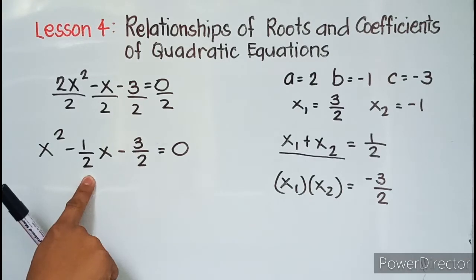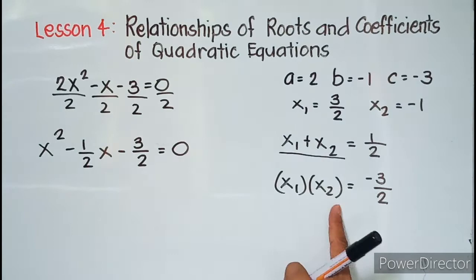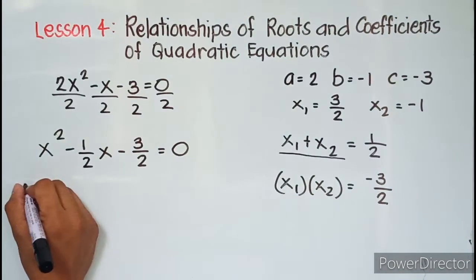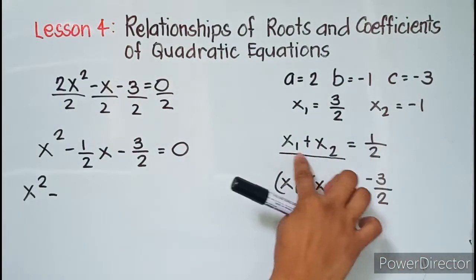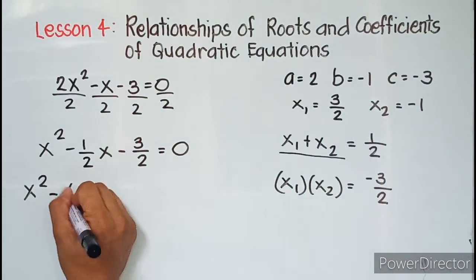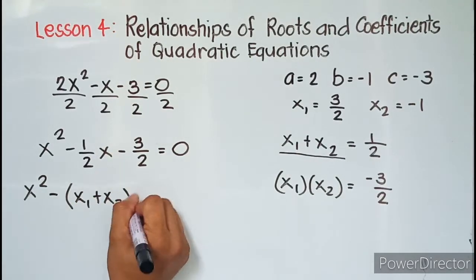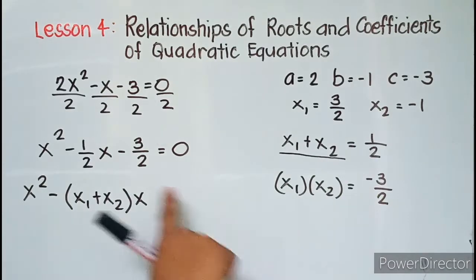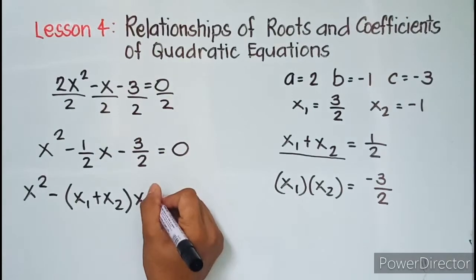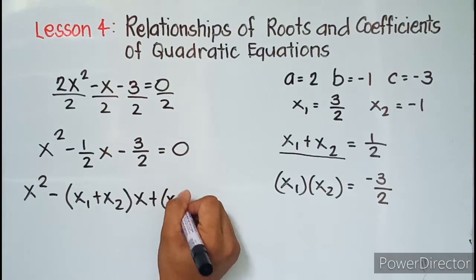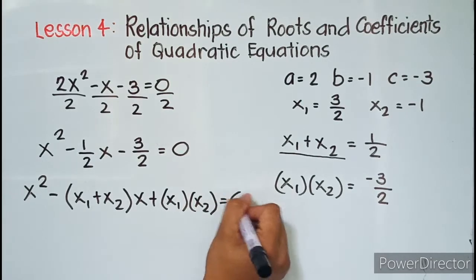i-rewrite natin ito gamit yung x sub 1 plus x sub 2 at saka x sub 1 times x sub 2. So, paano yon gagawin? So, we have x squared minus, saan equal si 1 half? Kay x sub 1 plus x sub 2. So, ilagay natin dito, x sub 1 plus x sub 2, X. Then, saan equal si negative 3 over 2? Kay x sub 1 times x sub 2. So, plus x sub 1 times x sub 2 equals 0.